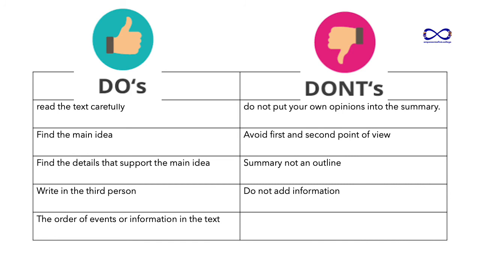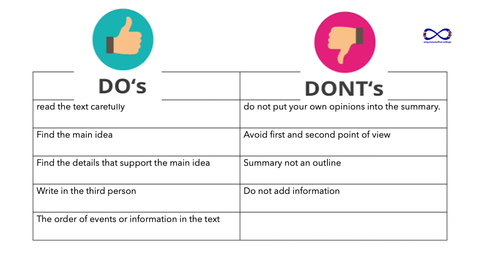Write in the third person. Make sure that you make use of the third person each time you write the summary. Do not use either the first or the second person. Then the order of events or information in the text has to be retained. Make sure that the first point appears first, the last point has to appear last.